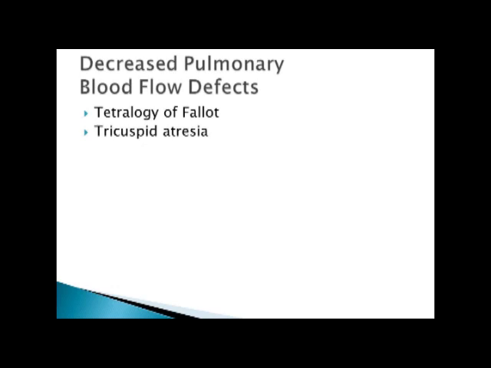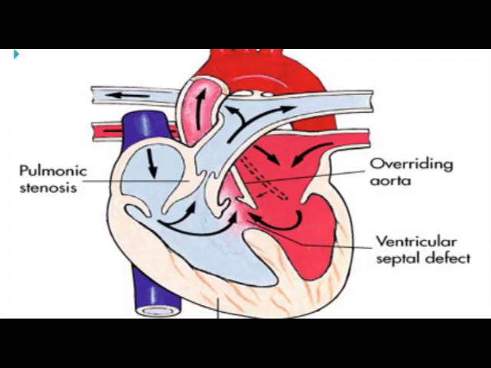With tetralogy of Fallot, and here's the picture, you're going to see that it absolutely has a VSD. So there is a hole between the ventricles, and the blood is trying to come through that left to right shunt. Well, the heart is not going to let it, because you can also see that a second defect is pulmonic stenosis or pulmonary artery stenosis. So left to right shunt, I'm trying.